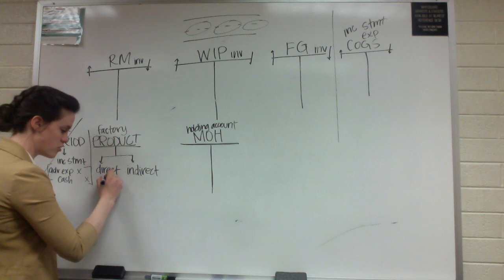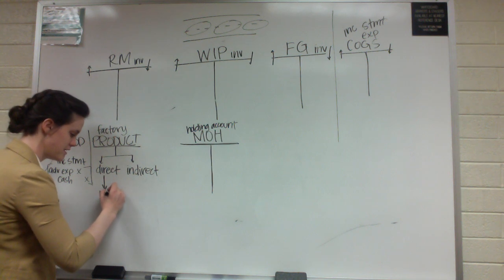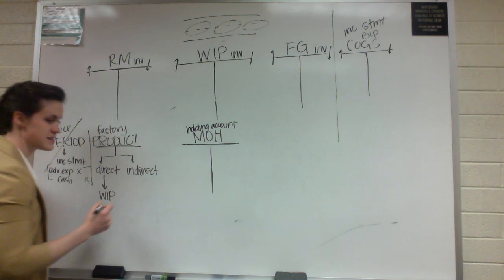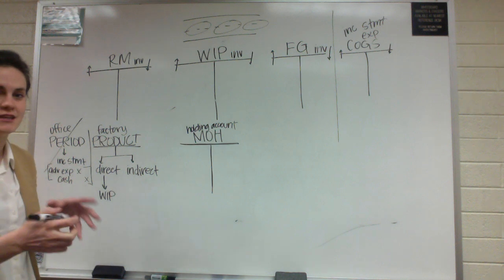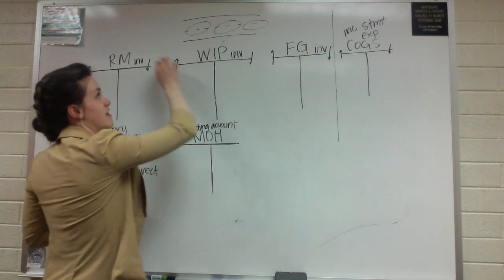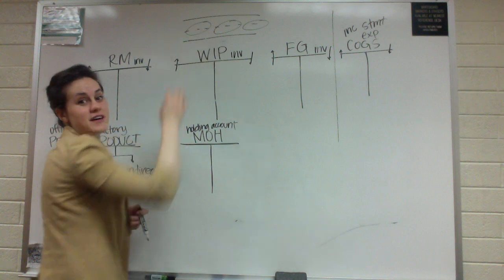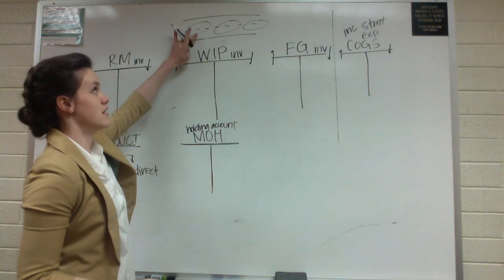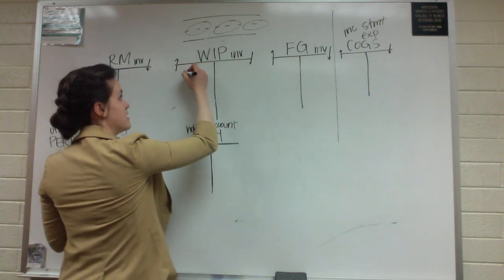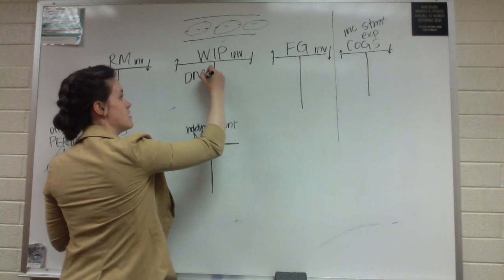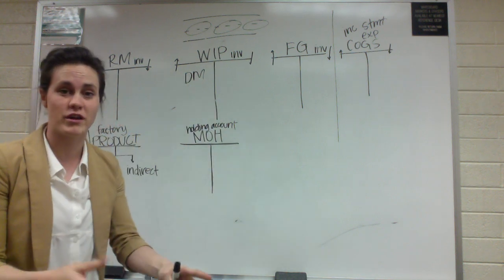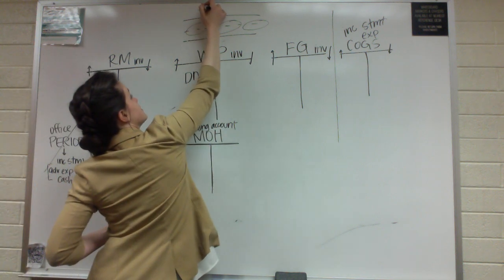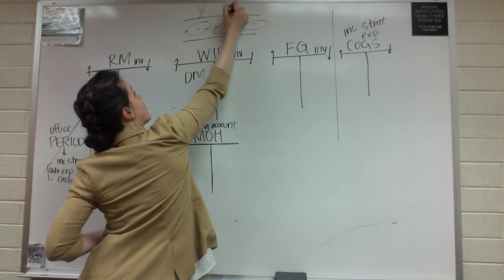Direct costs go directly into WIP, meaning these are things that you can directly see building the product. Things like the metal going onto the manufacturing belt, that would be direct materials, right? There's also people working on the machine, on each of the cars.